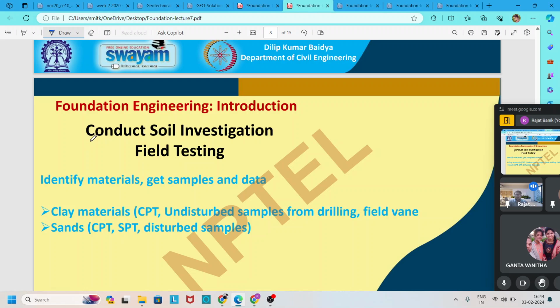Now, conduct a soil investigation. The most common soil investigation tests are the cone penetration test or the standard penetration test.